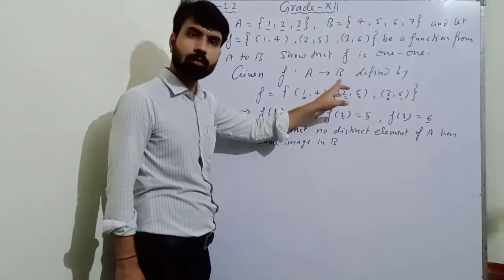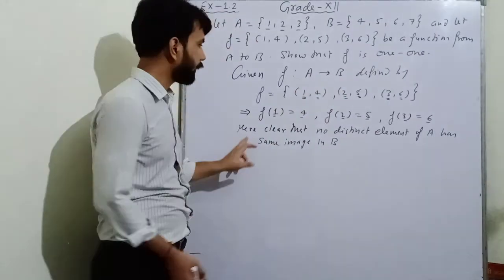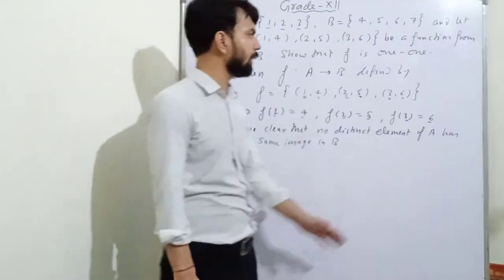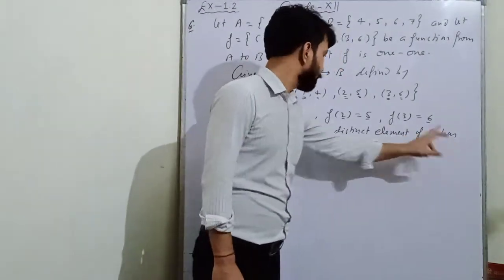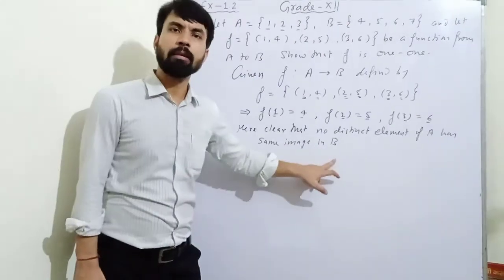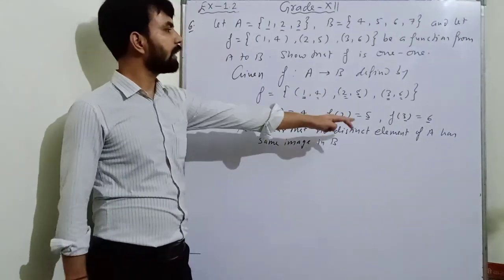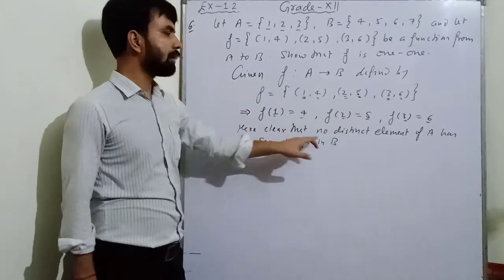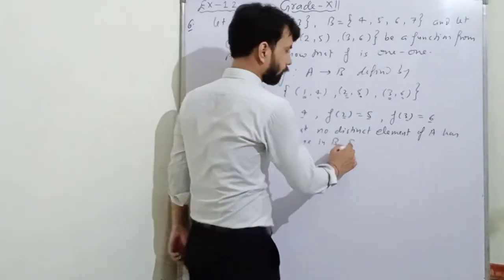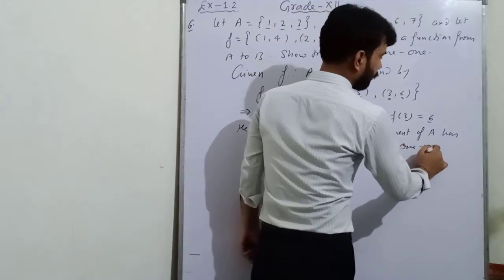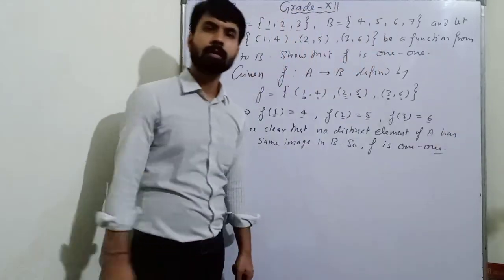Because this is domain, this is codomain. So what we have to write here: clear that no distinct element, there are no two different elements in A whose same image is in B, that is, in the codomain. So we have to write here, clear that no distinct element of A has the same image in B. So f is 1-1. So f is 1-1.